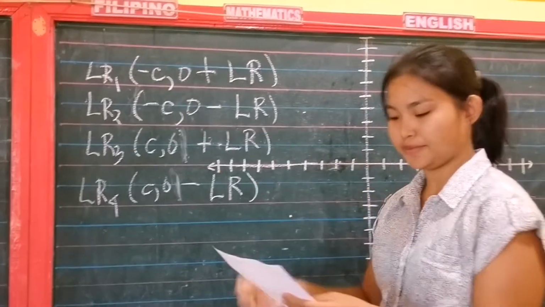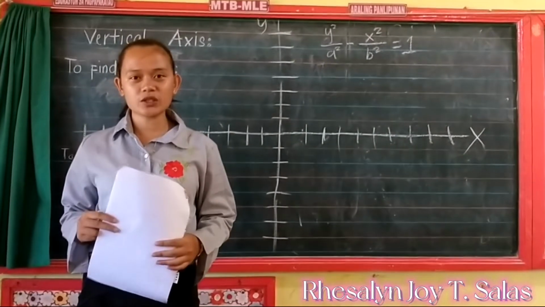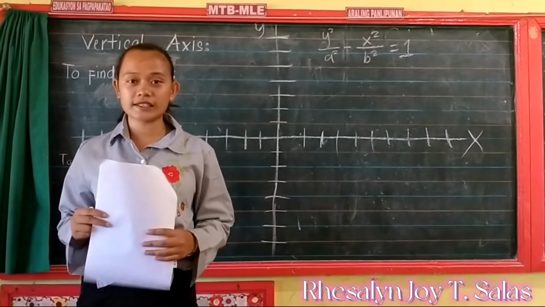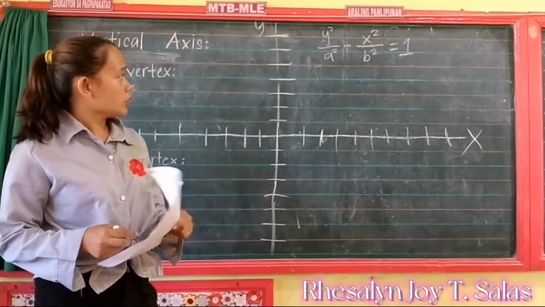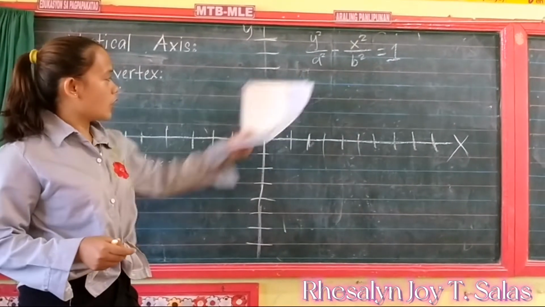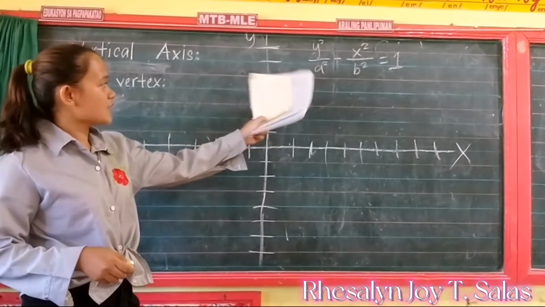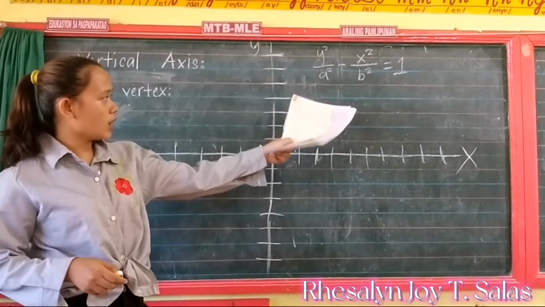Good day everyone, I'm Rhesalyn Joy T. Salas, and I'm here today to discuss the vertical axis of a hyperbola. Now, I will discuss the standard equation: y squared over a squared minus x squared over b squared equals 1.